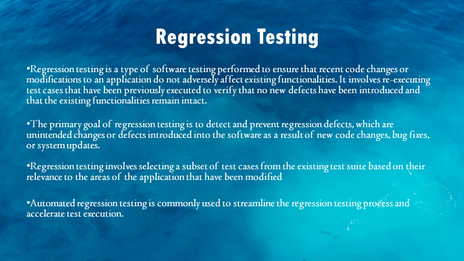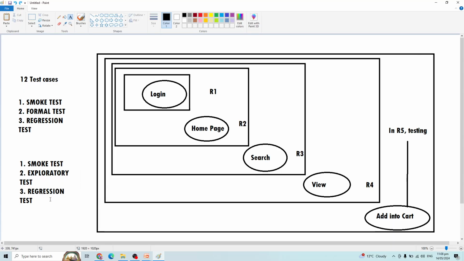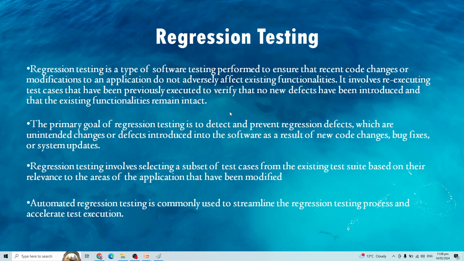Because of this new functionality, we have to make sure the old code is not impacted. Mostly regression testing will be automated. As a general guideline, a smart team will automate the regression tests.